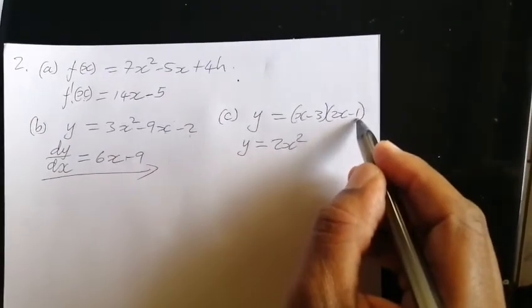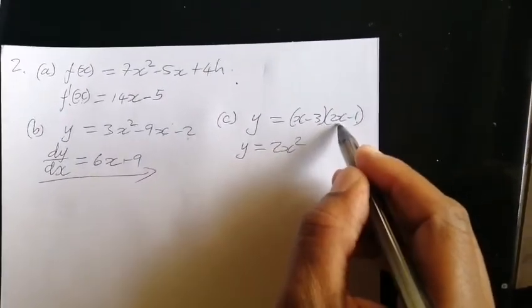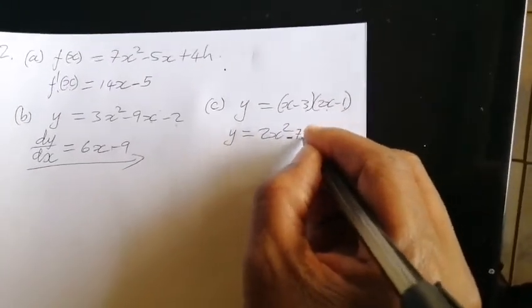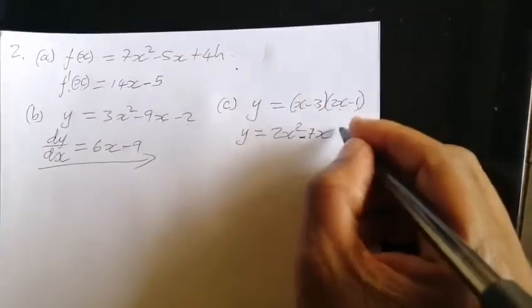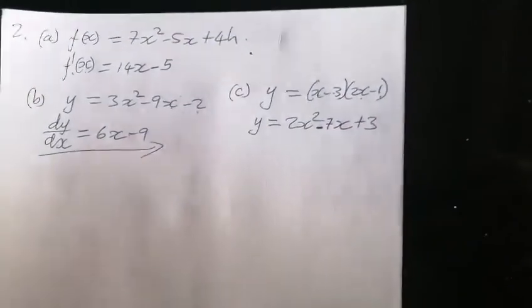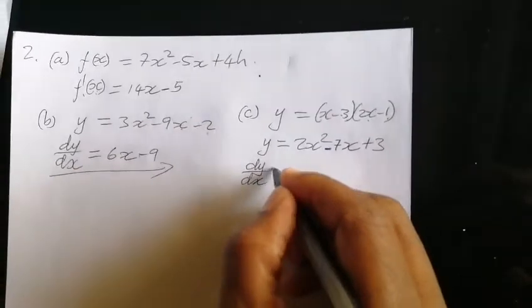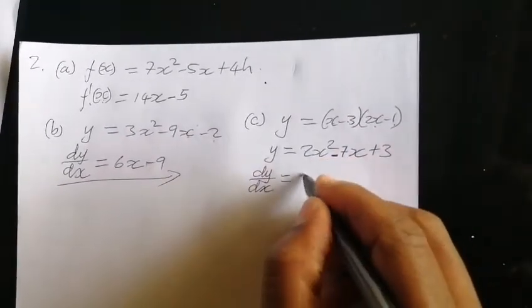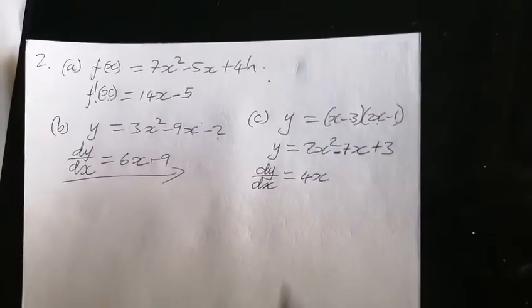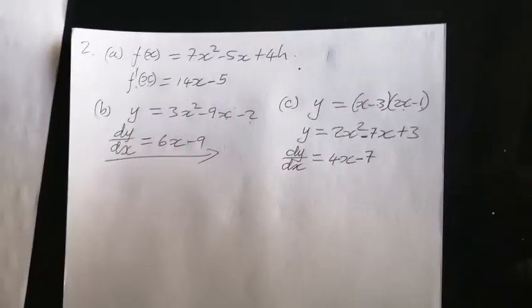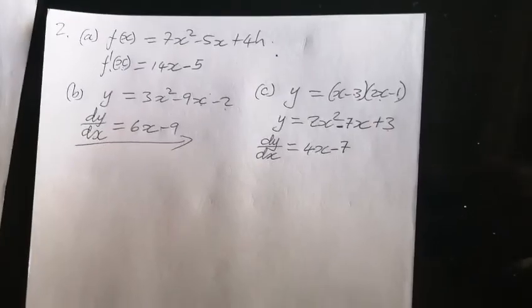This times this, that's minus x. This times this, minus 6x. So together we get minus 7x. This times this we get plus 3. At this point we are able to differentiate. dy/dx is equal to 4x. There is a 1, it multiplies the minus 7, we get minus 7, then 0.